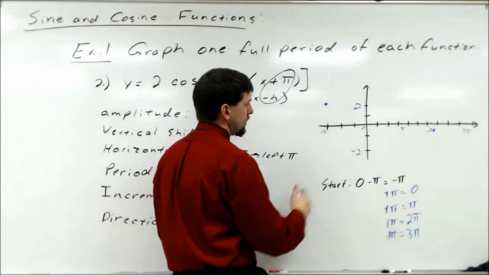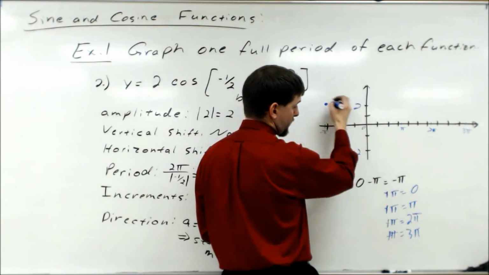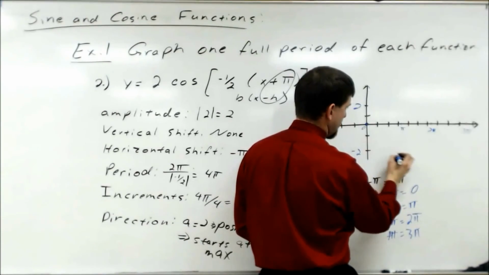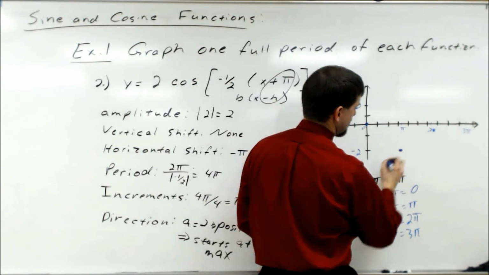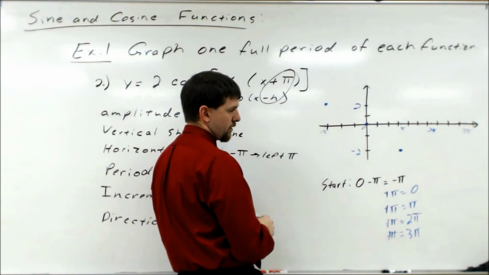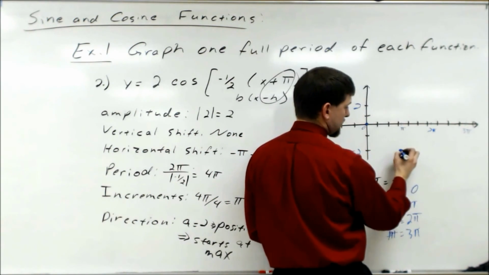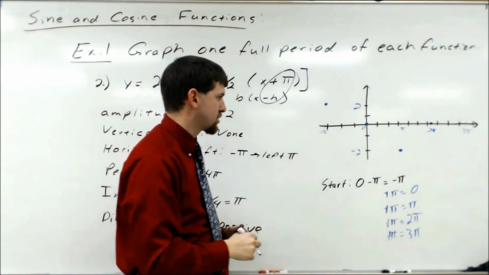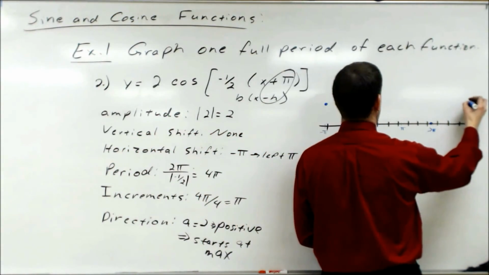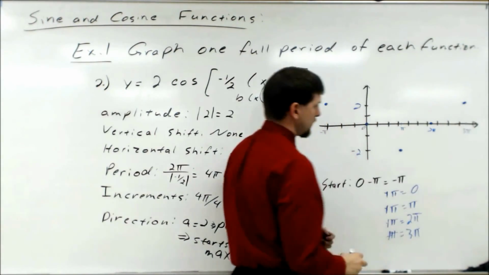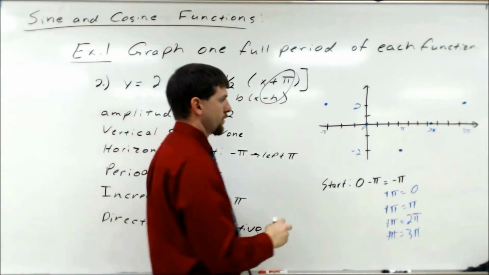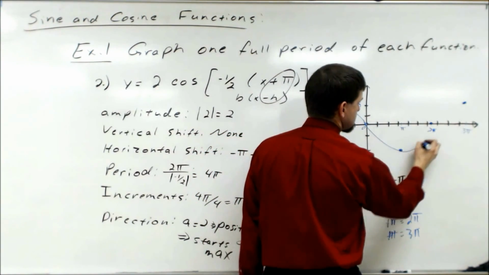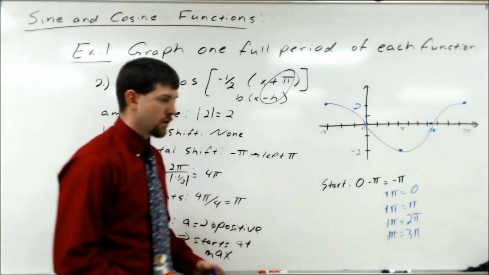I can only decrease from there, so I come down to 0 and keep working my way down to negative 2. Once I go another pi unit, I'm at the bottom, so I work my way back up to the top. I cross that sinusoidal axis and finish up at 2 when I'm over here at 3 pi on the x-axis. So we put together the 4 pieces of our graph, and there's our cosine function.